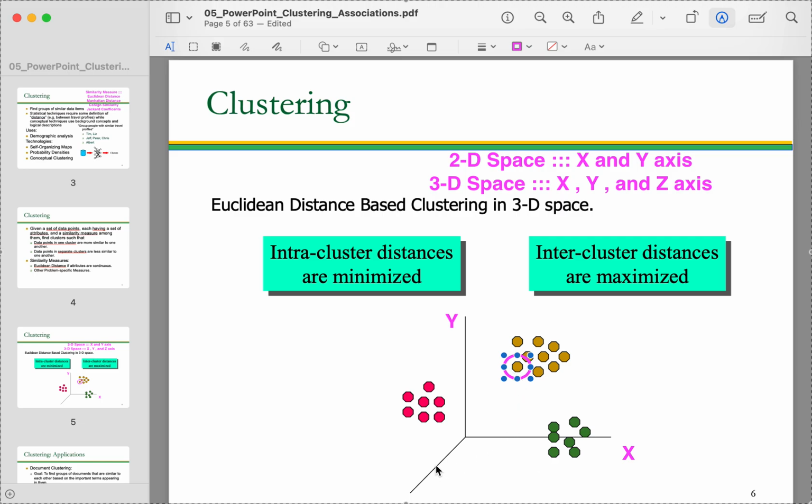Now, if we also take the z-axis, it will have three values that determine its location, and the z-axis will give us the depth or the three-dimensional space. And that is fine. It can have three axes. That means it has three attributes in the data table, or three values that we are using to plot the items as well as to compute the distance.